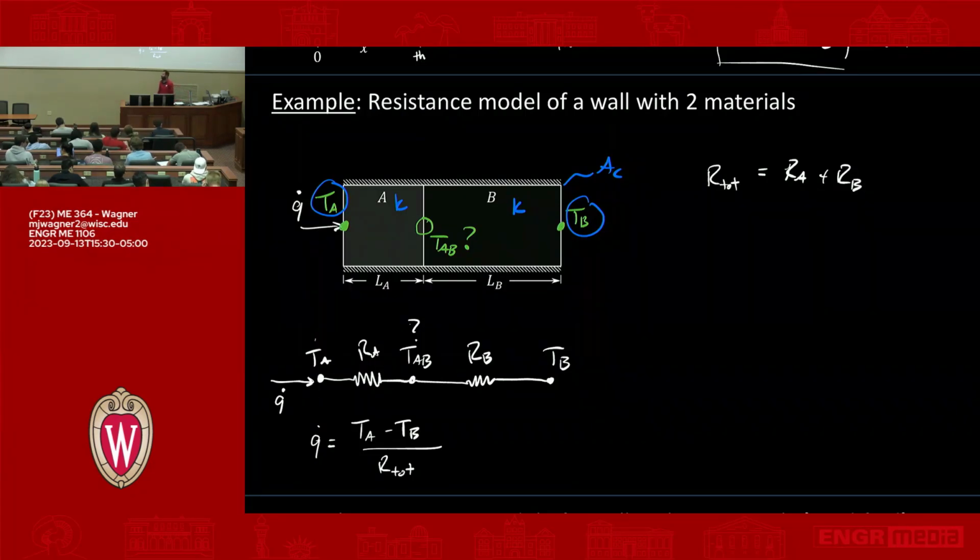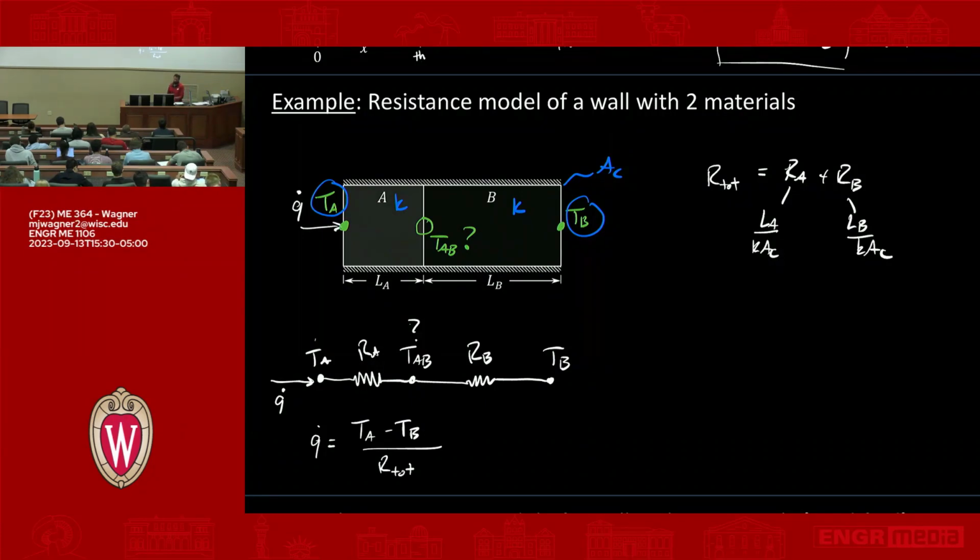We're in series, so we just add up those resistances. Okay, so we can compute RA and RB. This is going to be thickness, so that's LA over KAC. This one is LB over KAC. And we have all that information. We compute our total, and we can get our total heat transfer. All right?